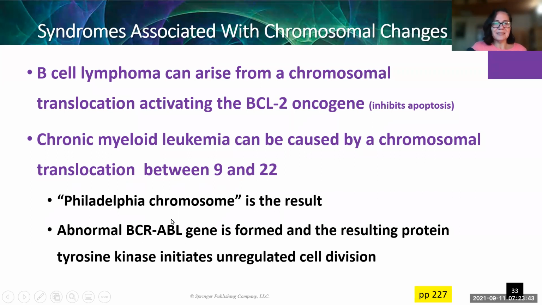And what that does is it creates this protein that's a kind of a combination of these two genes. And that kind of funny hybrid protein, it's a tyrosine kinase. Which is a receptor molecule. It's on the outside of the cell, and tyrosine kinases are the receptor molecules that work with cell growth pathways.